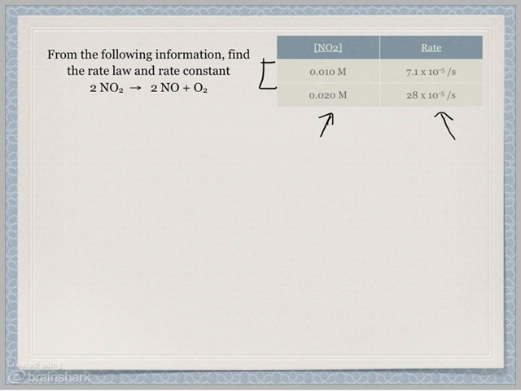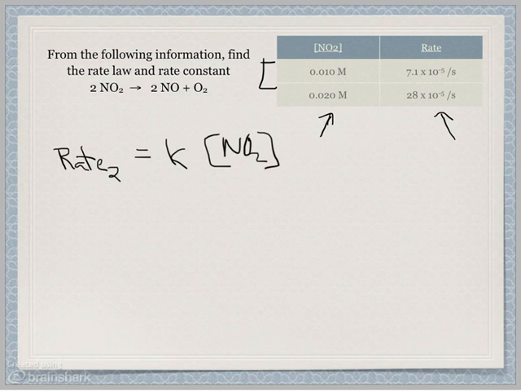let's first put the rate law of the second trial. We'd end up with rate, and just to distinguish the trials from each other, we'll write rate 2 equals, you usually have a rate constant, which is K, and then the concentration of your NO2. We'll label this with a 2 because we're dealing with the second trial.